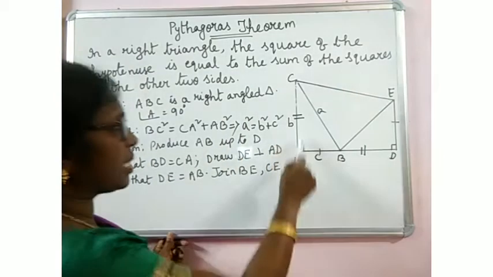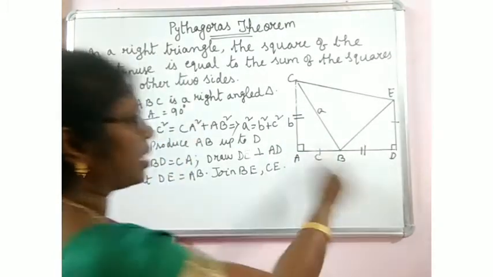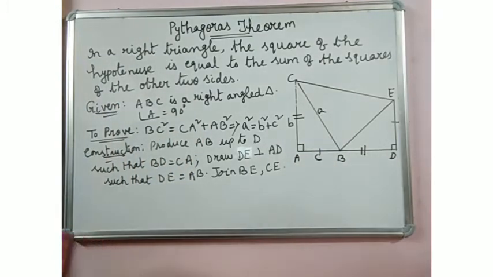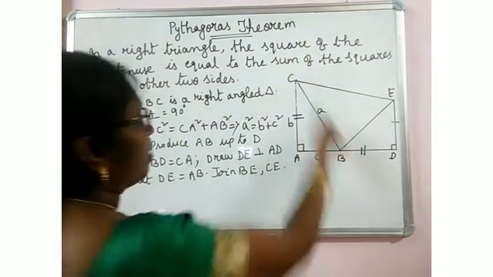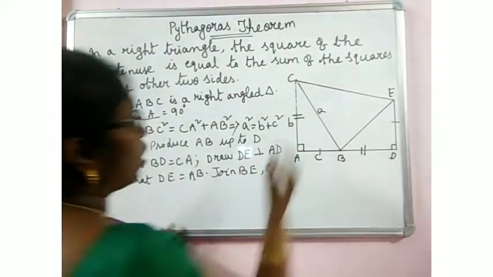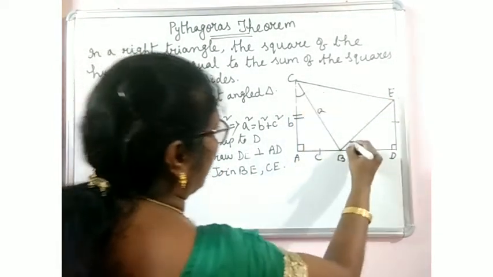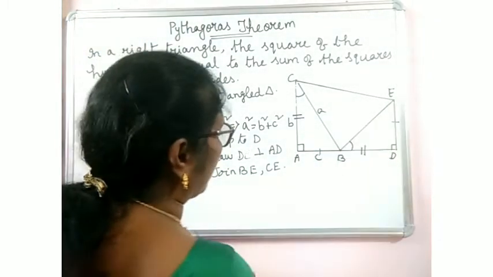So under the SAS condition, these two triangles are congruent. Once they are congruent, by CPCTC, BC will be equal to BE, and angle ACB will be equal to angle DBE.